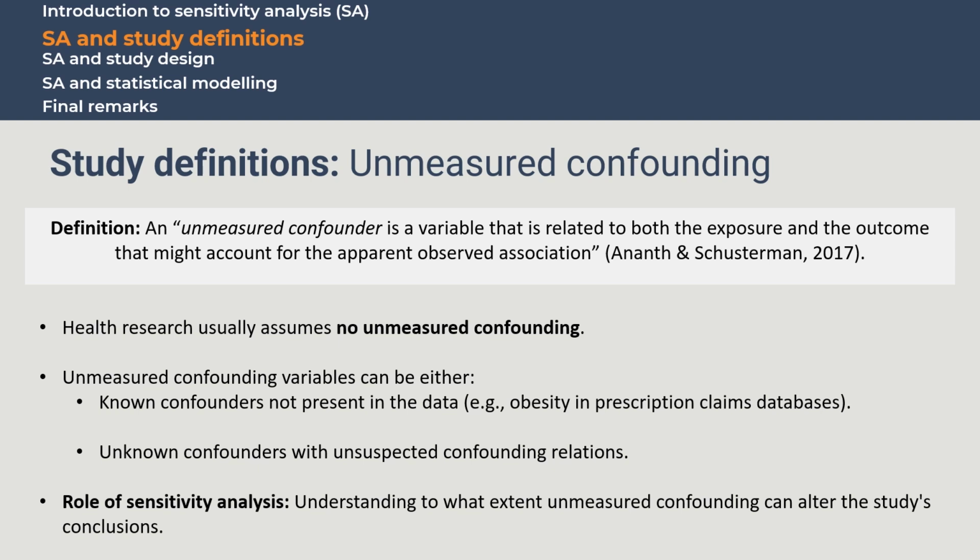Unmeasured confounding can be a known variable which can be absent from our data set. One example is how obesity is often not included in prescription claims databases. Or it can be an unknown factor which we haven't considered in our study.